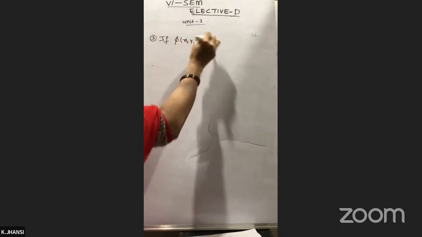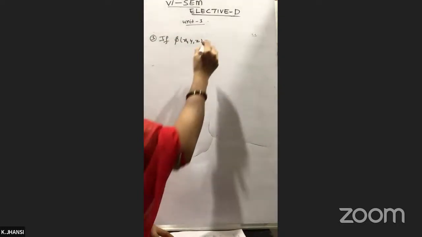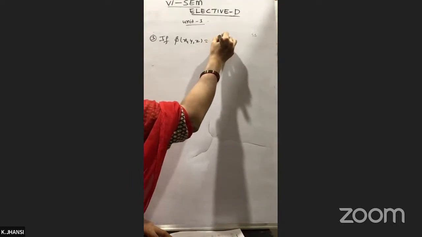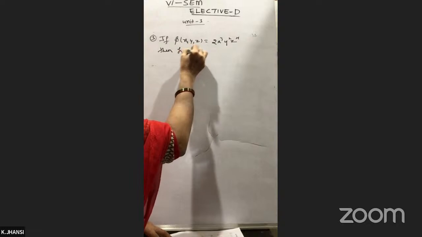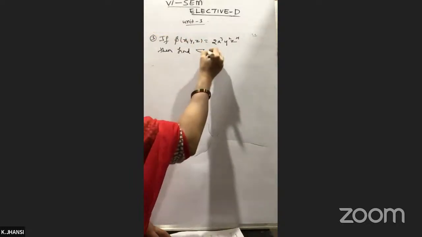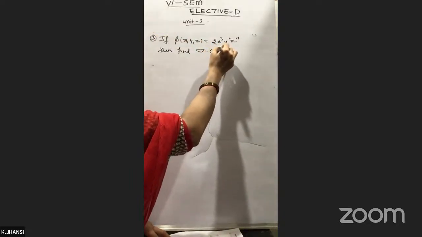So if phi of x, y, z is equal to 2x cube y square z to the power of 4, then find del dot del phi.